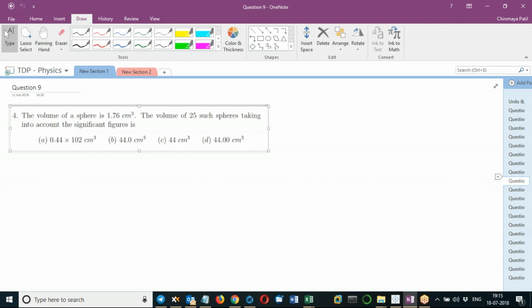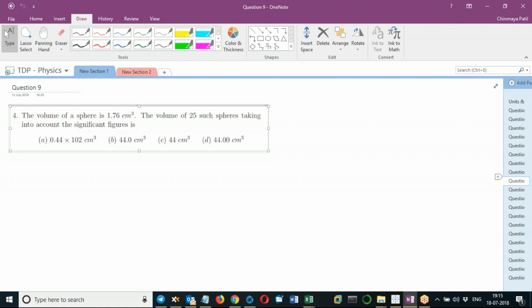As we are doing our TDP on units and measurement, this question is from measurement. According to the question, the volume of a sphere is 1.76 centimeter cube.